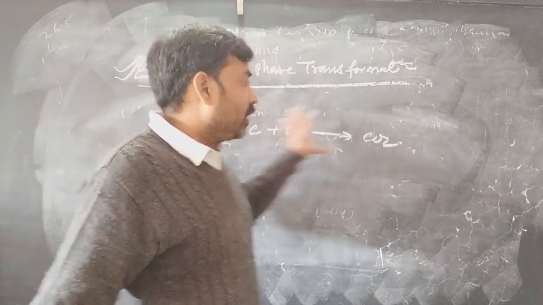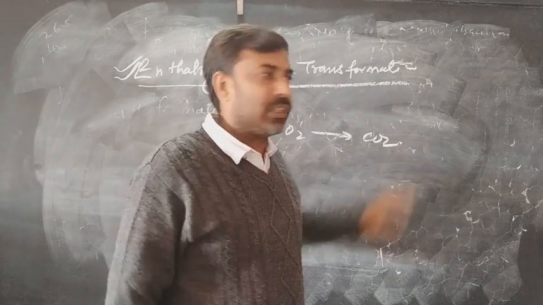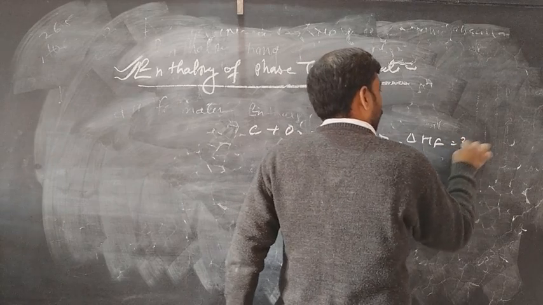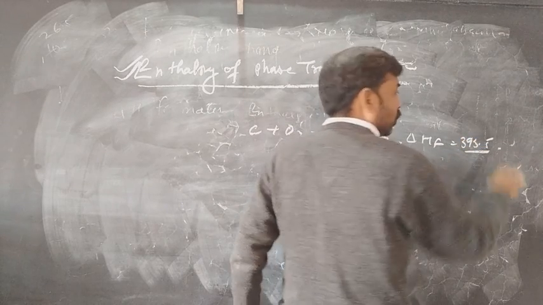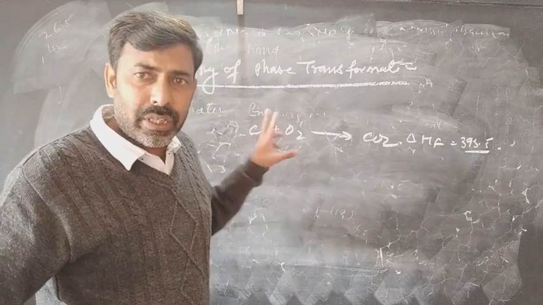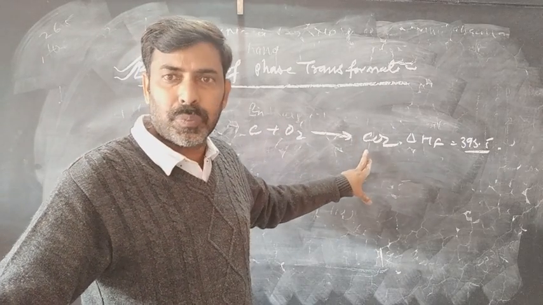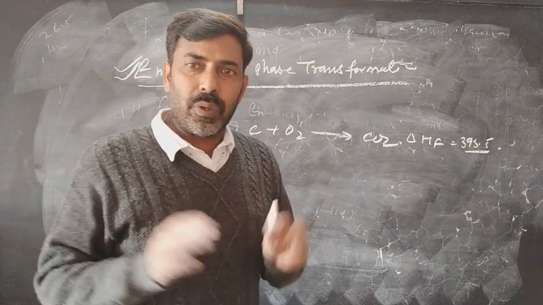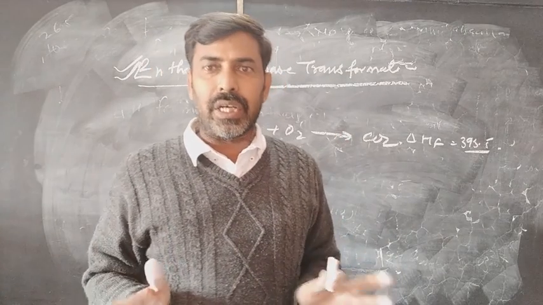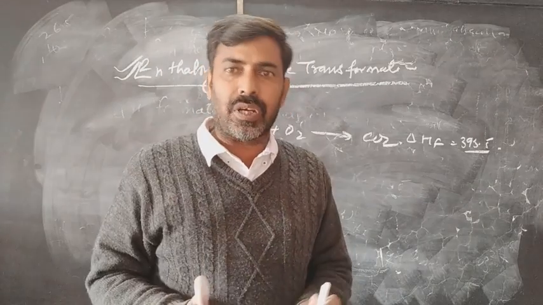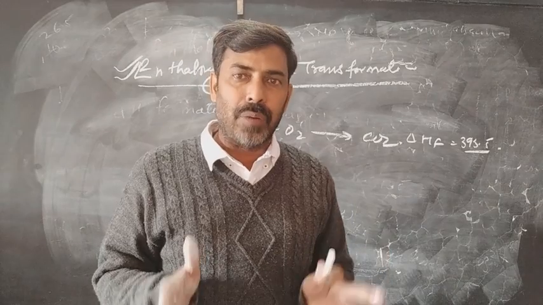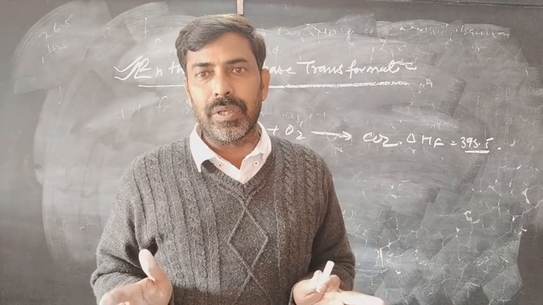And whatever enthalpy is associated with this process, here delta H formation equals minus 393.5 kilojoule per mole, that will be called the formation enthalpy of carbon dioxide. So whatever enthalpy is associated, under standard conditions, with the formation of any compound from its elements, that is called the enthalpy of formation or the formation enthalpy.